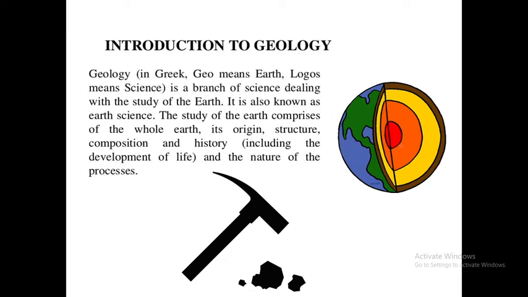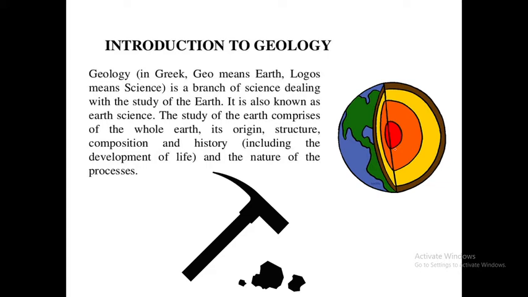Here you can see the earth. If someone asks what things you are studying from the earth, it is all of the earth. That is origin: how the earth was formed. Then structures: what structures are present and how they are formed. Then composition: everything has a particular chemical composition and a particular physical nature also, and we are interpreting the composition.